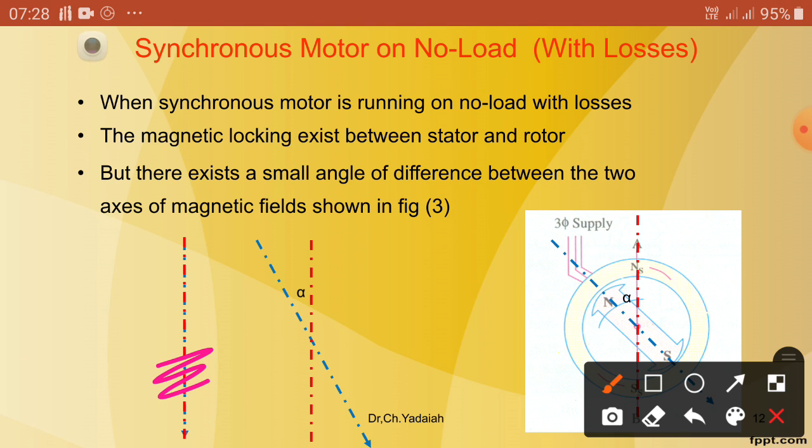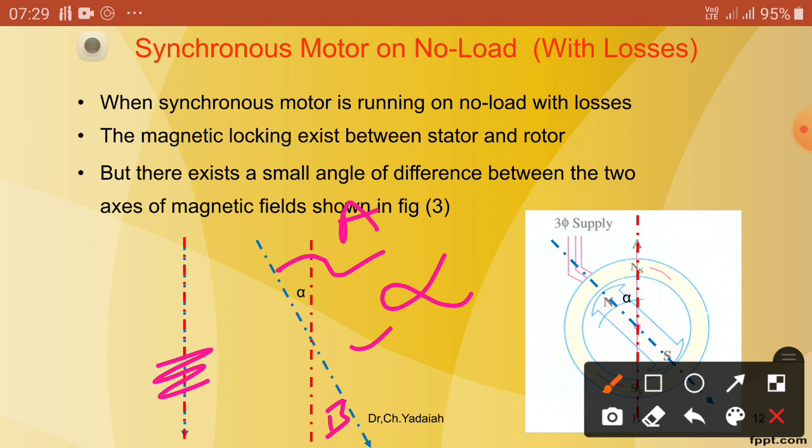Now, in this case we are assuming small inherent losses. At that condition, this is the stator magnetic field axis across A and B. The rotor axis, this blue one, is now twisted in the anti-clockwise direction by some angle. So, this angle we say is alpha.